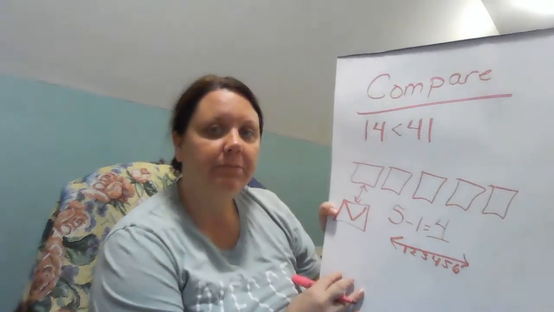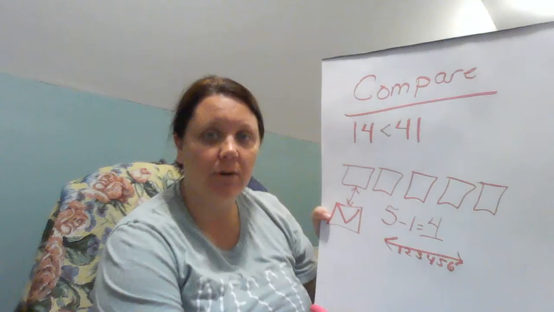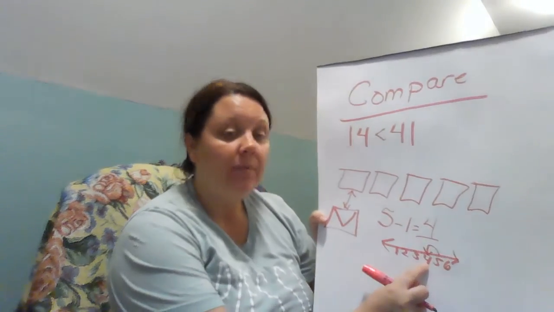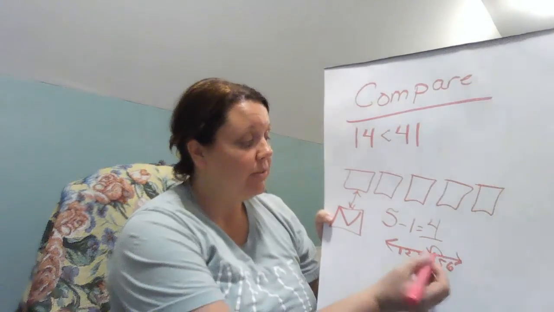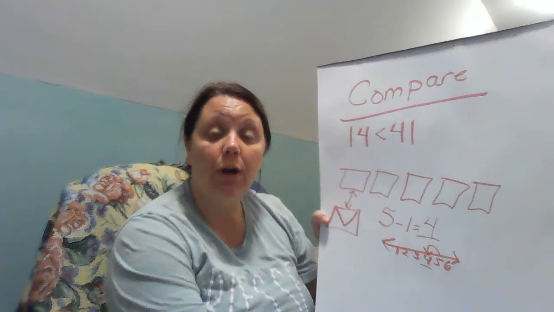Where would we start? We would start at number 5 because that's the amount of thank you cards we had. And we would jump back 1 space because that's how many envelopes we had. So we subtracted to find the answer, and the answer was 4.